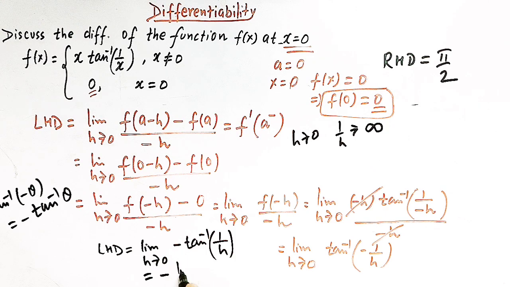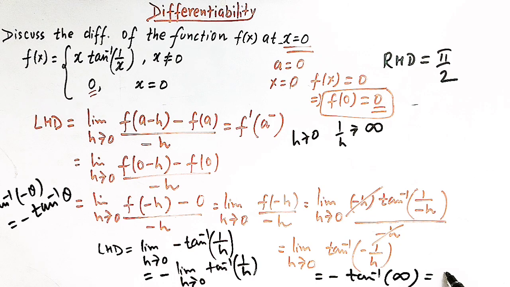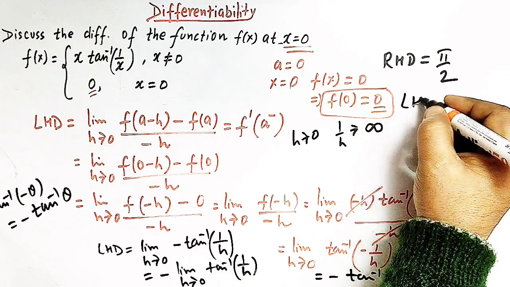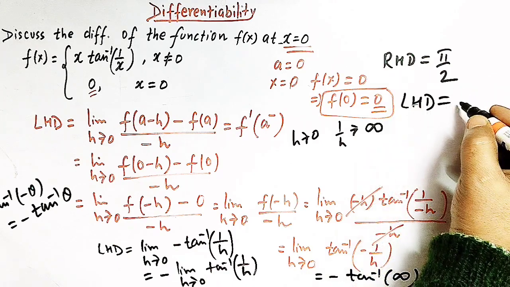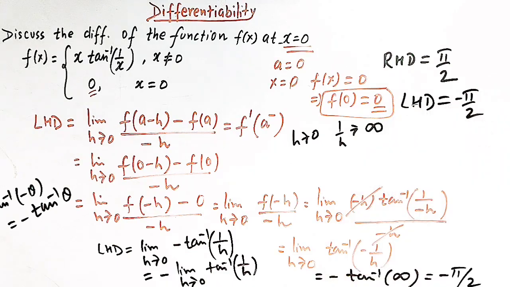So we have limit h tends to 0, tan inverse 1 over h. So now we have minus tan inverse, and here we have infinity, right? And tan inverse infinity is pi by 2, so we have minus pi by 2. So the value of the left hand derivative is equal to minus pi by 2.